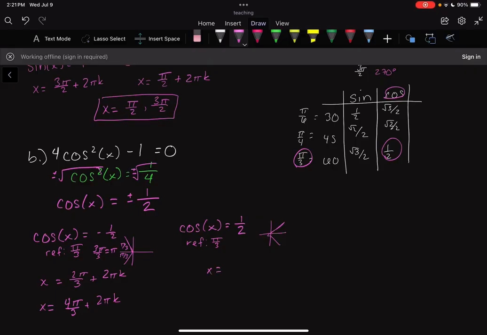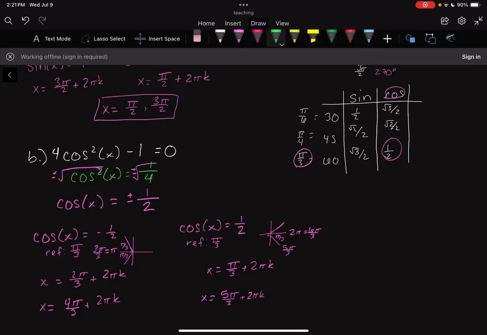For my positive 1/2, I get pi over 3 plus 2 pi k. And for the last one, I'll get 5 pi over 3 plus 2 pi k. I'm getting that because this is 2 pi, or 6 pi over 3, so subtracting pi over 3 would give me 5 pi over 3.